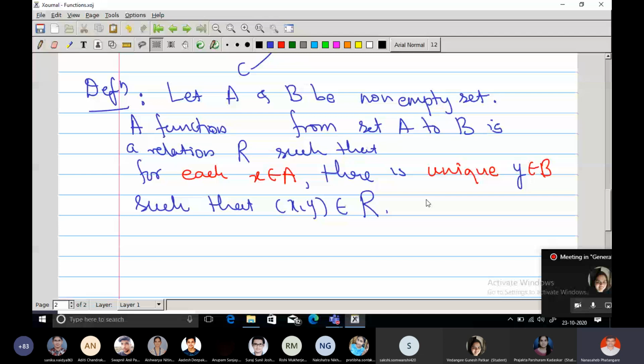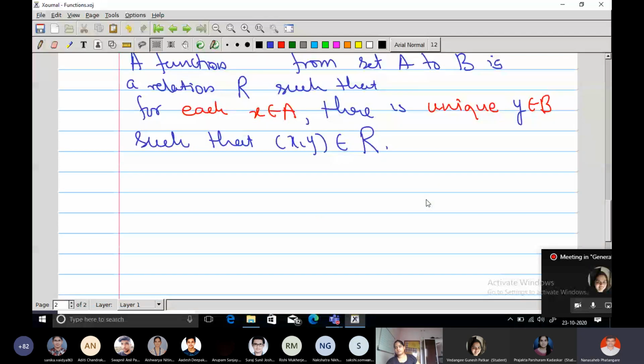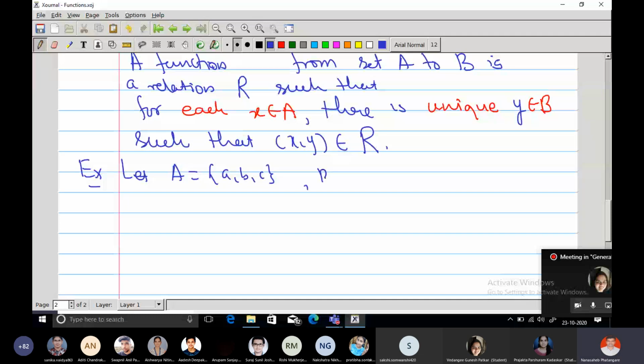Fine. So, let me take an example. Let A is equal to {a, b, c}, B is equal to {1, 2, 3}, and I will look at R1 is {(a,1), (b,2)}.